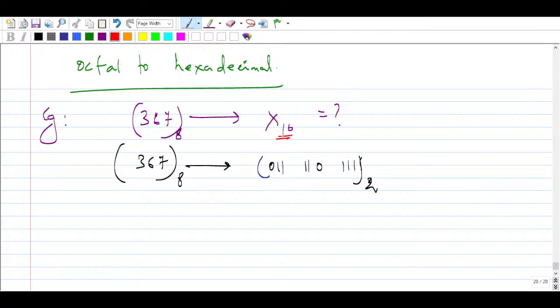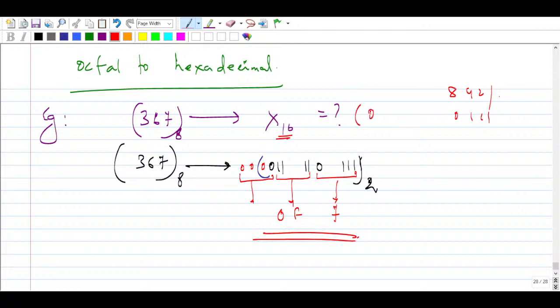Now in case of 16, in case of hexa, you have to make pairs of 4 bits. If you don't have enough bits, you can add other 0s. The first group will be 7, because with 8, 4, 2, 1 you have to use 0111: 4 plus 2 plus 1 is 7. And this is going to be F, and this is 0.